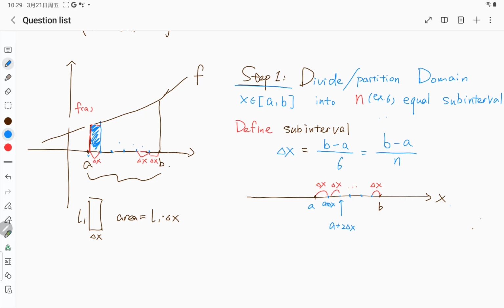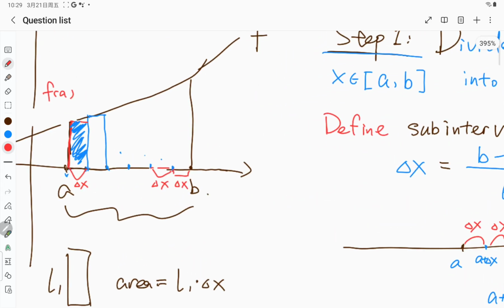It's a matter of how we pick the height of the second rectangle. Sometimes we can pick the middle point of the second interval, evaluate the function value there, and use it as the height. Or we can pick the left point.